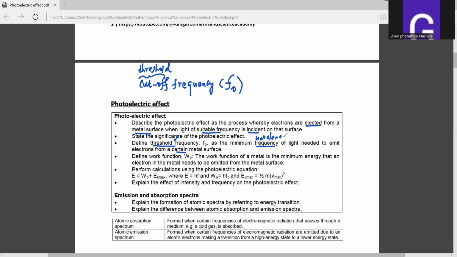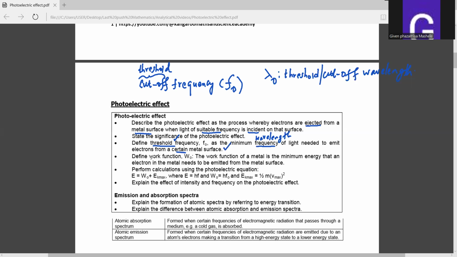It's denoted by lambda, and once we use the symbol lambda not, we know this represents the threshold or cutoff wavelength. So you need to be able to understand that. The cutoff frequency, as I said, is the minimum frequency of light that is needed to emit electrons from a metal surface.